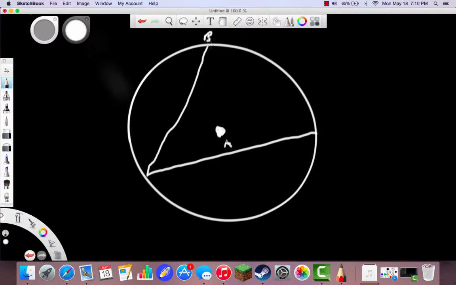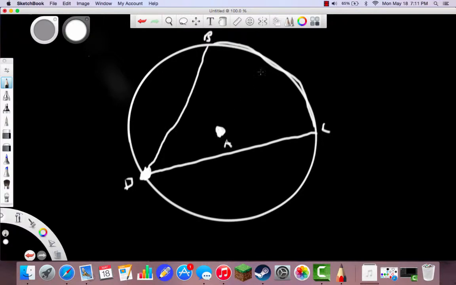And now it would also intersect at these points, and it would intercept the same arc of BC. It won't be a central angle. It'll be an inscribed angle because the vertex of the angle is on the circle at point D.